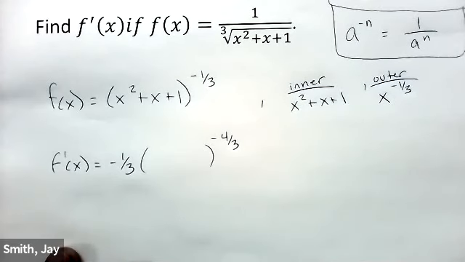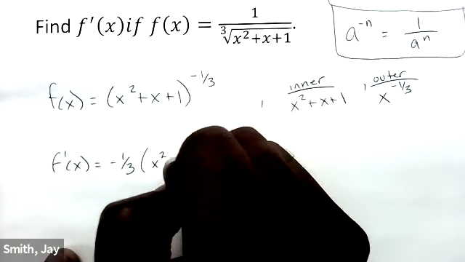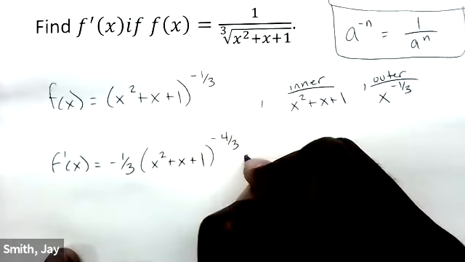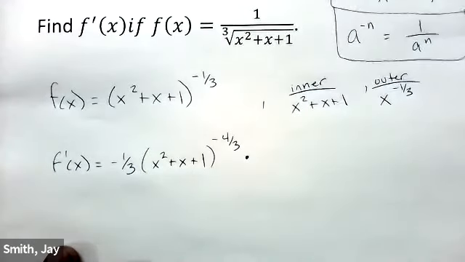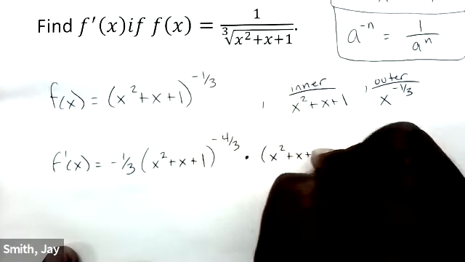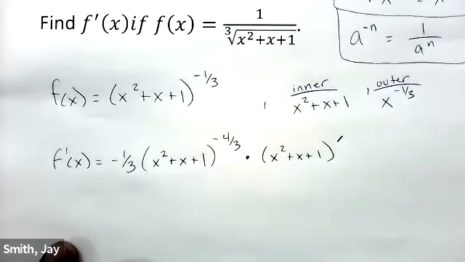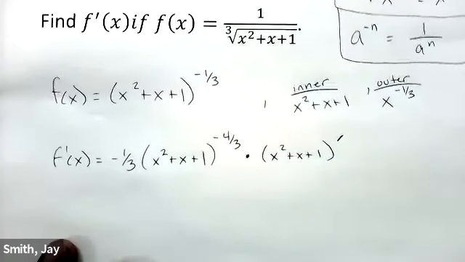This is the derivative of the outer function at the inner function, which simply means what was inside the parentheses goes inside the parentheses again. It's going to be multiplied by the derivative of the inner function, x squared plus x plus 1, and we still need to take that derivative. So we're just going to put that little slash mark to note that we have to apply that derivative formula.